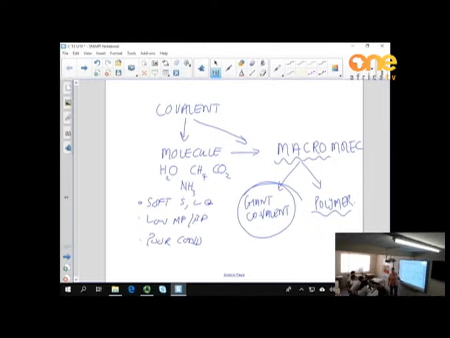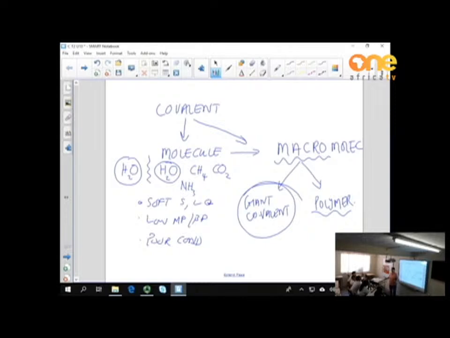Definitely not. Because remember, between one water molecule and another water molecule, what forces are there? Very weak forces, van der Waals forces. But if I have a giant covalent structure like diamonds, where each carbon is bonded onto 4 others, if I want to break that structure, what must I break?